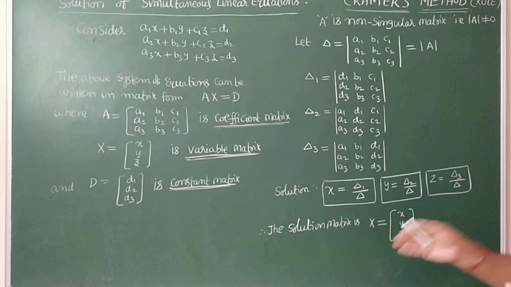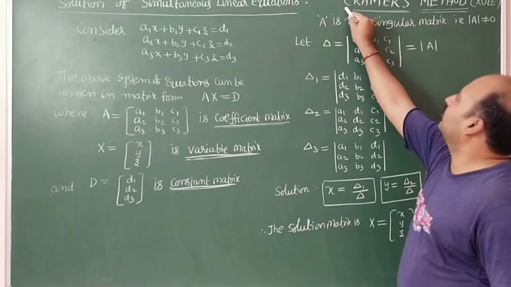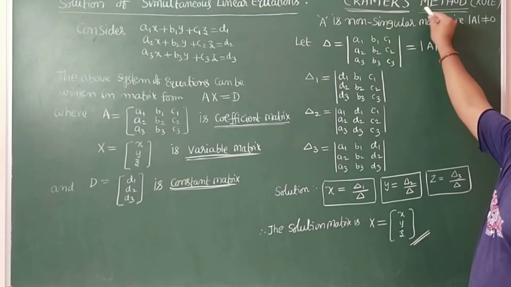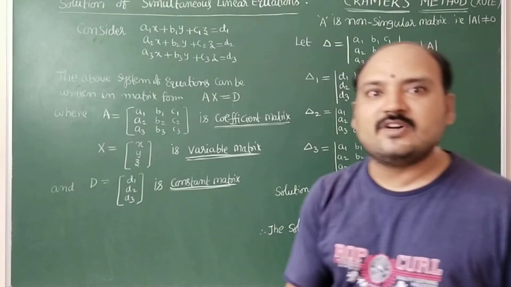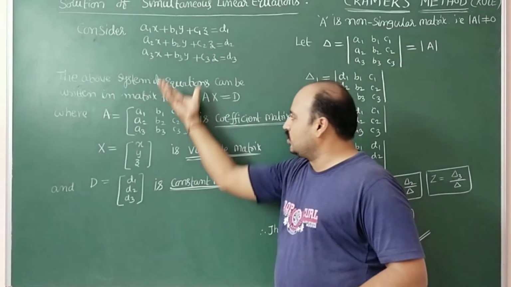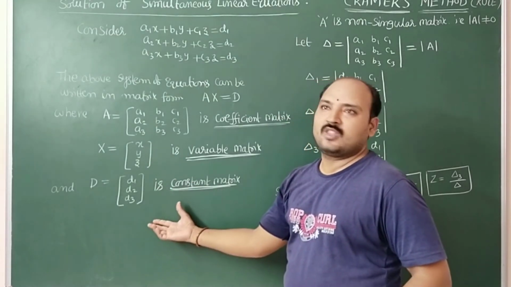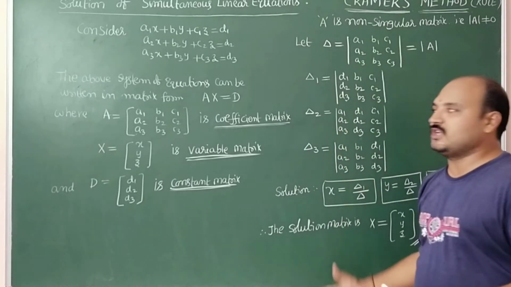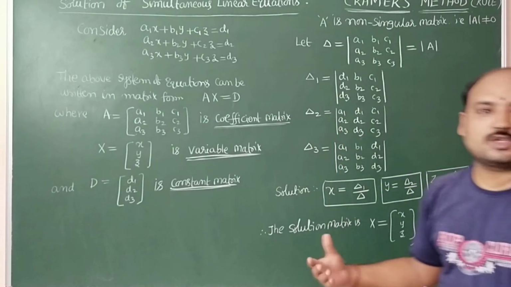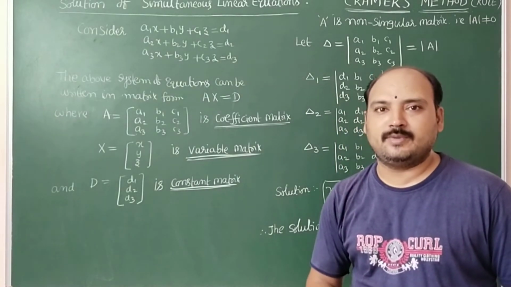This is the procedure of Cramer's rule. We will take one example based on this. For the inverse method also, we have to do the same procedure. First, write the given system of equations in this form. After that, the procedure will be taken. That also I will explain with one example.